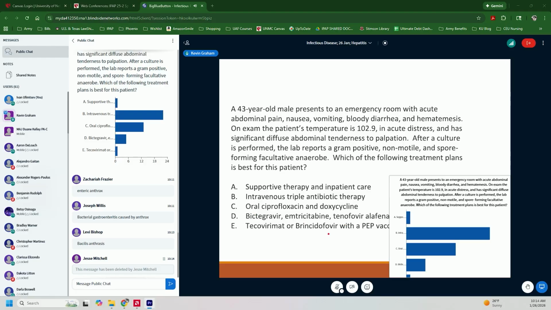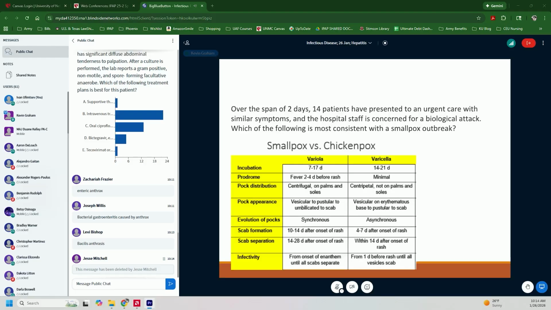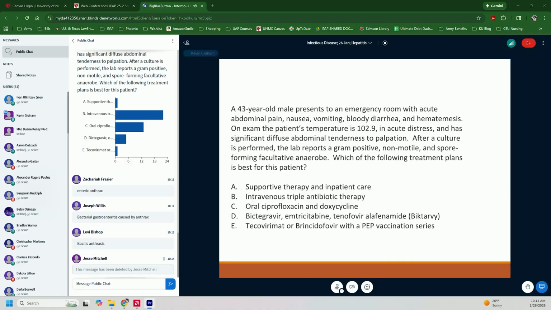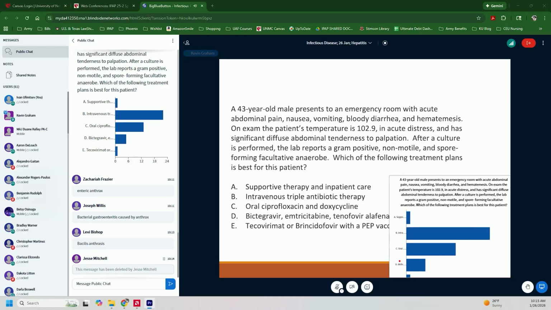How about Delta? Are those even antibiotics? Delta is Biktarvy. What condition does Biktarvy treat? What is that one indicated to treat?